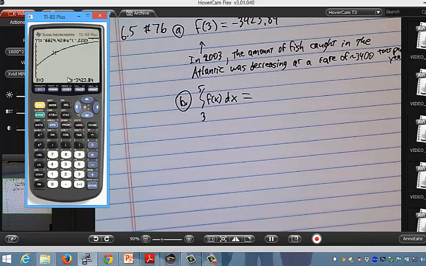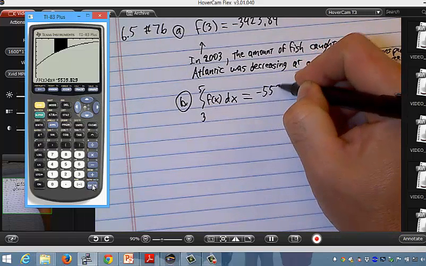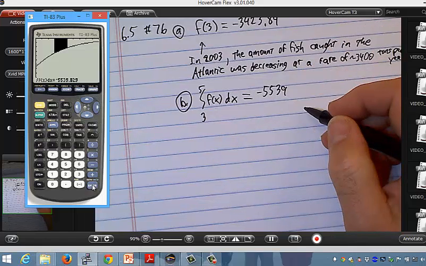So let's see. Unless you want to see the u sub. You let me know. But I'm going to calculate the value from 3 to 5. And this says negative 5,539. Okay?